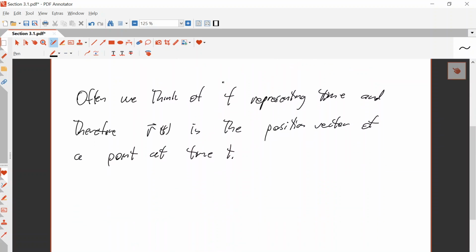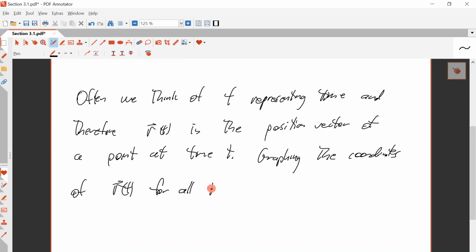Okay, graphing the coordinates of r of t for all t in its domain produces a curve in 2D or 3D space.